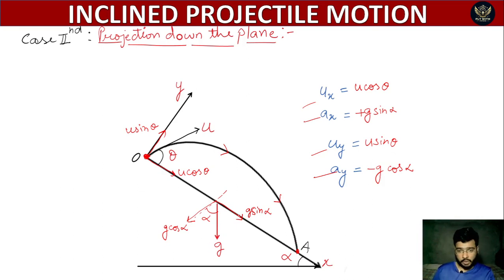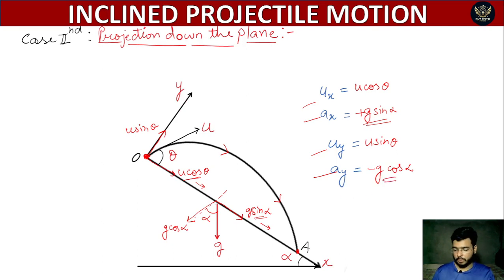Okay, so here you see that u cos theta is in this direction, and g sin alpha is also in this direction. So here g sin alpha is plus. Very good. Now if we are talking about ay, it is the same as g cos alpha, so it is minus g cos alpha here.